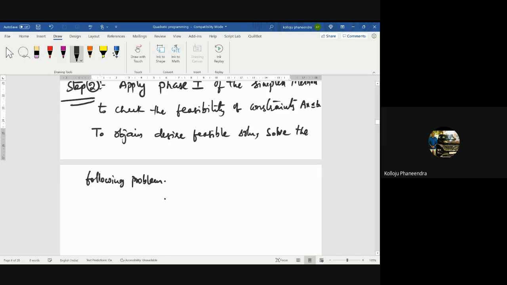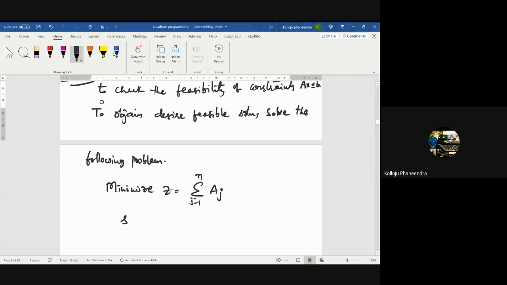What is the problem? Now I'm formulating the problem. Minimize z equal to summation Aj. Already we have added artificial variables in the objective function. Subject to, what are the constraints here?